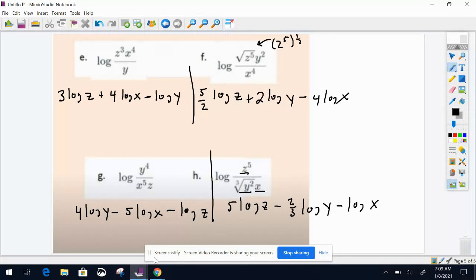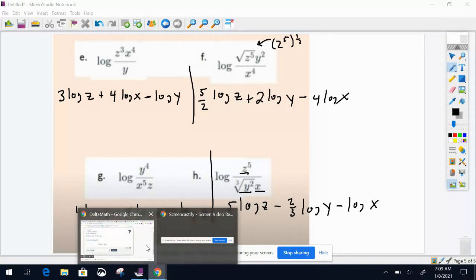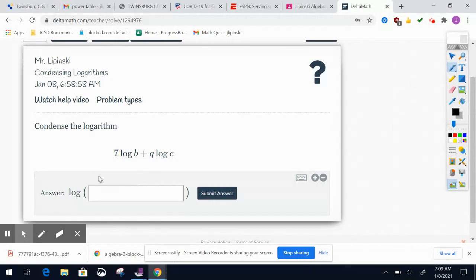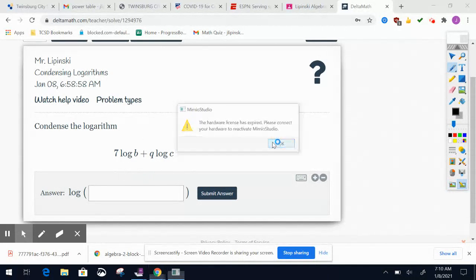I want to take a look at an example just to show you in Delta Math. When we're looking at this and we're condensing here now, okay, they already have the log there in front of you. So again, when you're writing this problem out, okay, never mind.